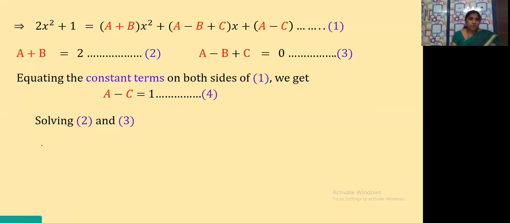Let us try that method. a plus b is equal to 2, this is equation number 2. And equation number 3 is a minus b plus c is equal to 0. Now plus b and minus b get cancelled.